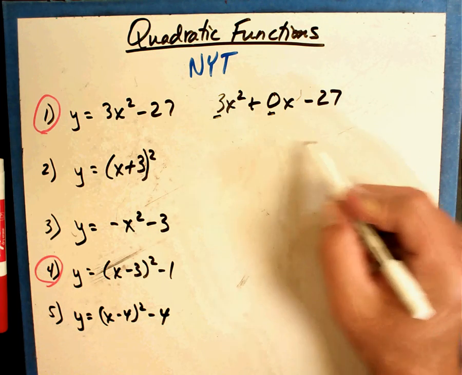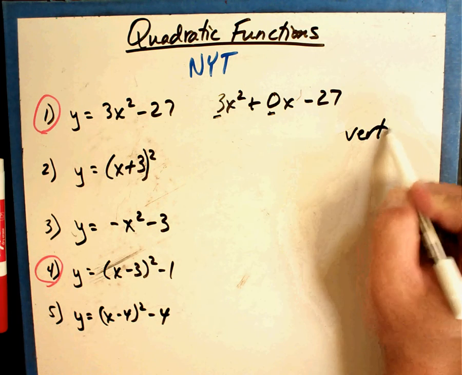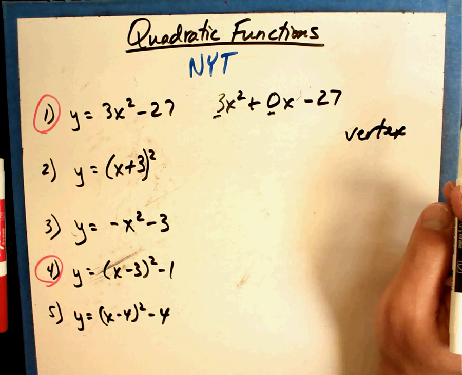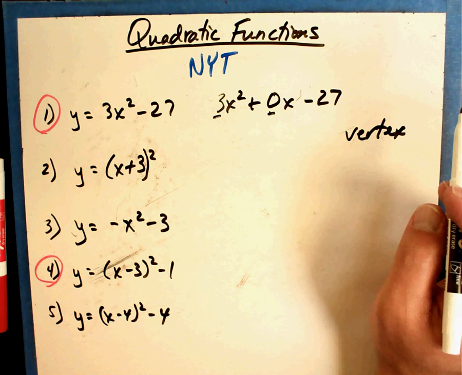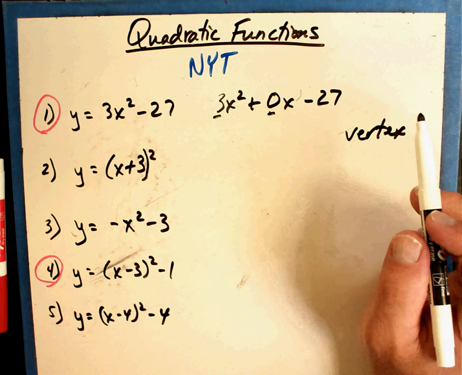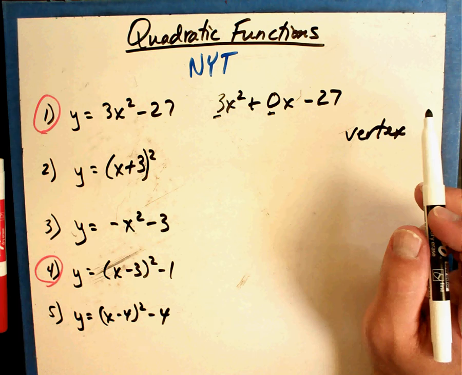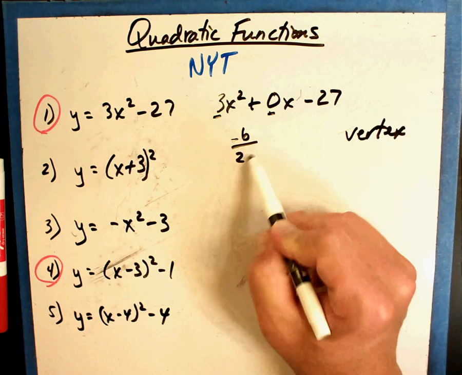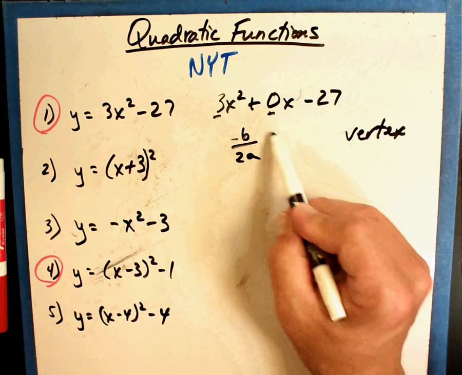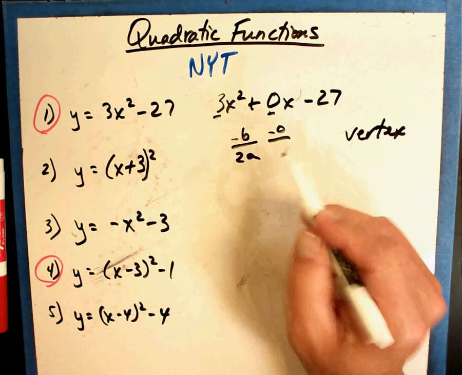The vertex, if I need to have the vertex here, what I'm going to do is solve the function. It's minus b over 2 times a. So minus b is minus 0 over 2 times a.